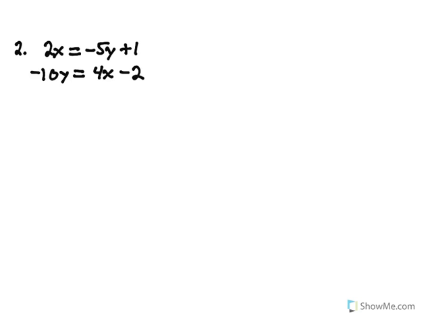Now, before we do that, we want to make sure all the x and y terms are on one side. This is not the case. So I'm not going to quite be able to eliminate it just yet. I need to line up all the x terms and y terms on one side of the equation, and all the constants should be on the other side. So I am going to convert the first equation.